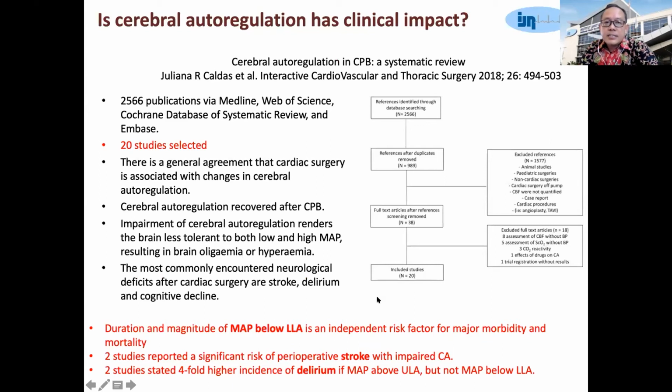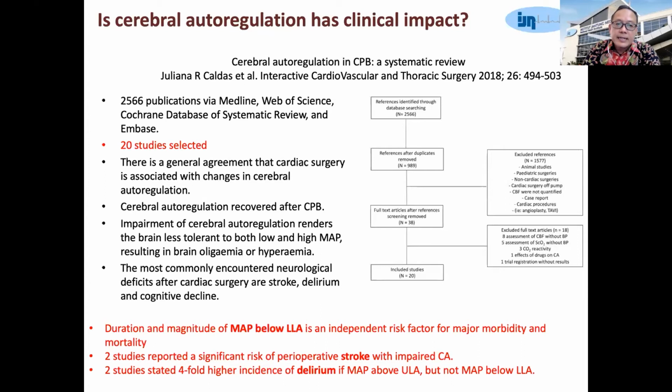There is an extensive review done by Juliana Caldas in 2018. She looked into more than 2,500 publications related to cerebral autoregulation, and out of these, she selected 20 studies. What are the conclusions from her systematic review?